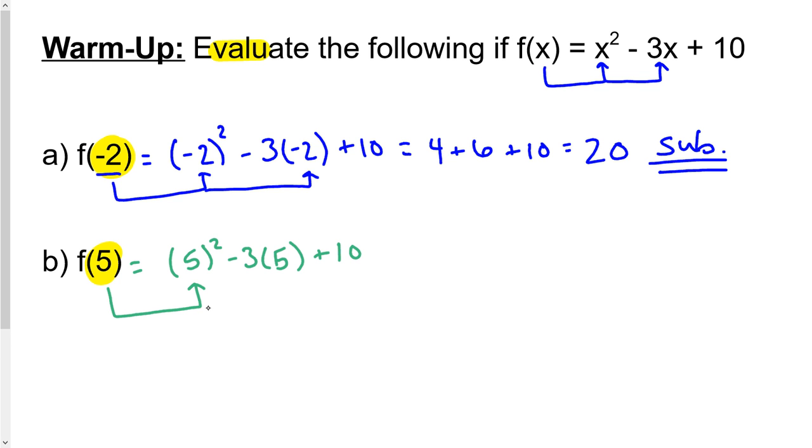So I just took my input value, x, which in this case is the number 5, and plugged it in. So 5 squared is 25, minus 3 times 5 is 15, and then plus 10. Doing some basic arithmetic, 25 minus 15 is 10, 10 plus 10 is 20. So I got the exact same answer, okay?